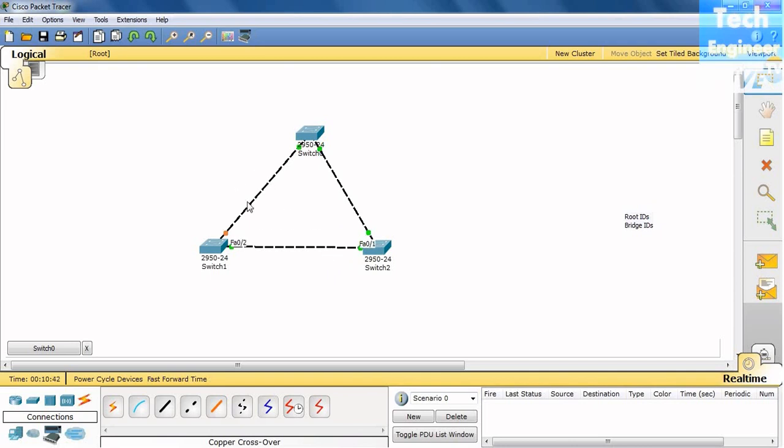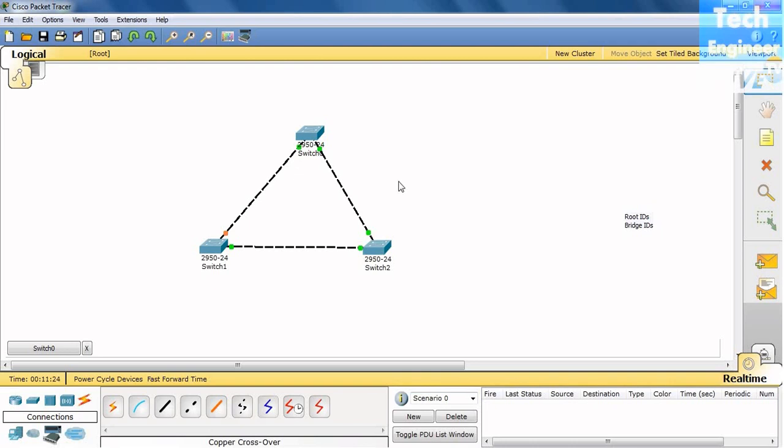This link is known as a blocking link because it is for ad hoc use and could be used as a replacement. For example, if tomorrow this link fails, then switches are smart, so on their own this link will start to send packets. So it's called a replacement link or ad hoc link, helpful for providing service for any reason.